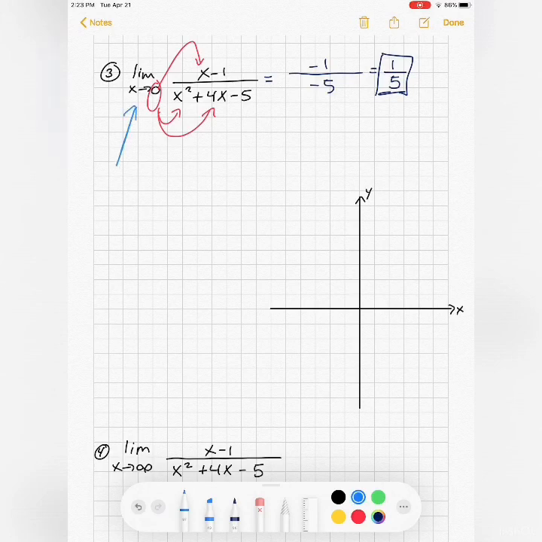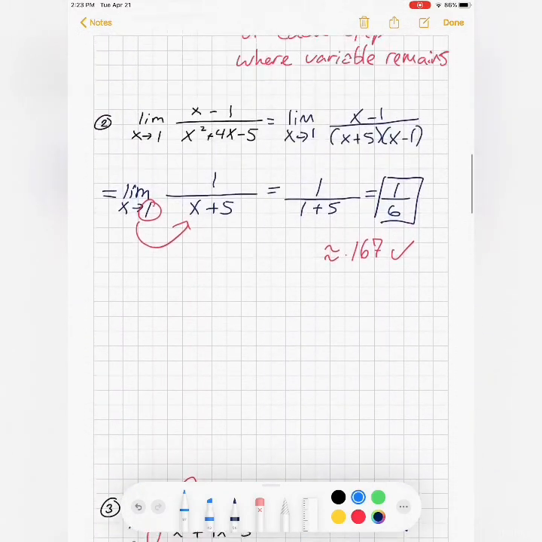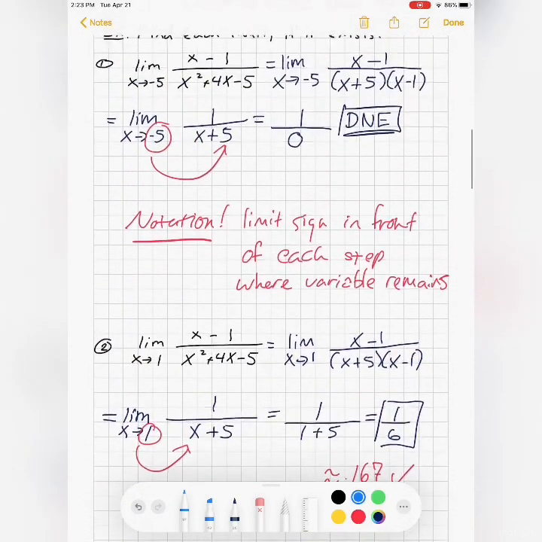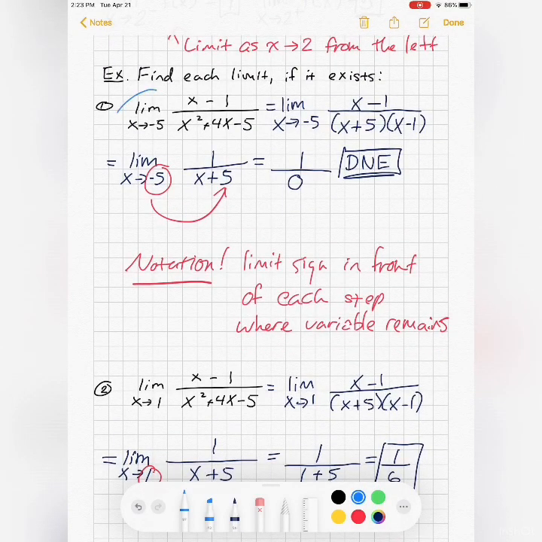That's because nothing interesting happens at x equals 0. This function is continuous at x equals 0. So actually, to find the limit, all I have to do is just evaluate at x equals 0, right? Versus, if you look back at the previous two here, these ones I had to do more investigating.